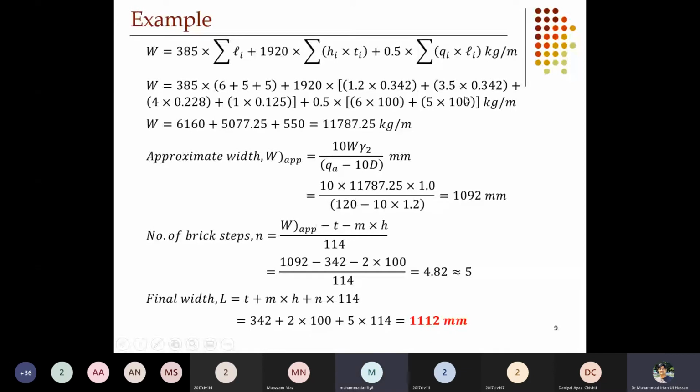Plus the last step is 0.5 into Qi, the partition load is 100, Li is the span length supported by the wall. So different span lengths, 6 and 5 meter, are supported by the wall.